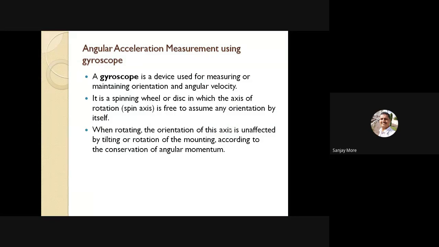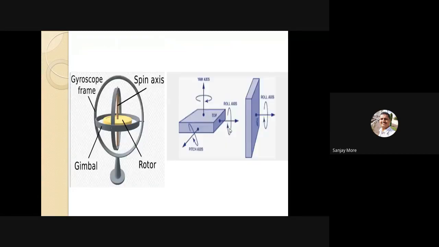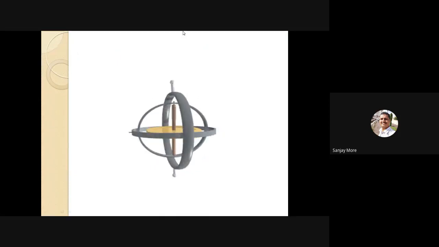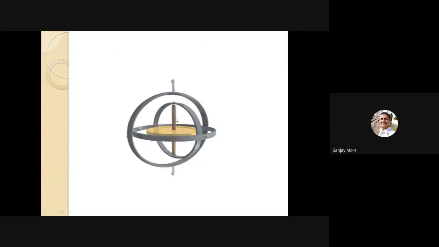See the concept of gyroscope. It is a device used to measure the angular velocity. Okay. A spinning wheel or disc, whose axis of rotation, meaning spin axis, is free to assume any orientation by itself. Here, this is the spinning axis.